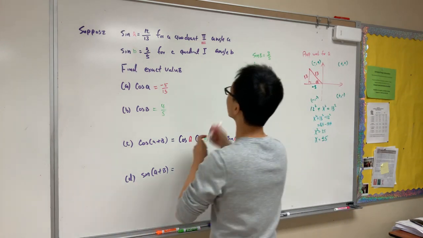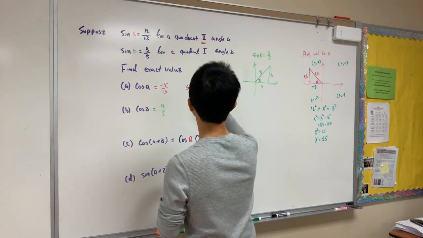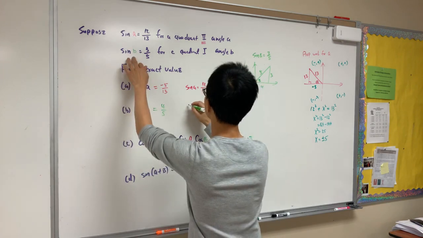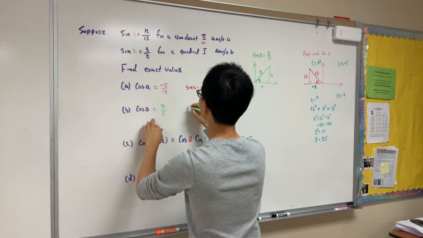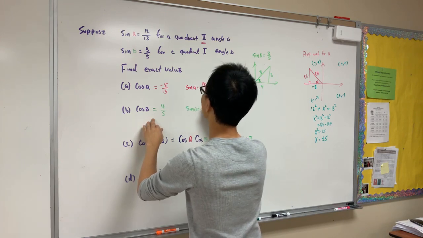Sine of A is equal to 12 over 13, and sine B is equal to 3 over 5.